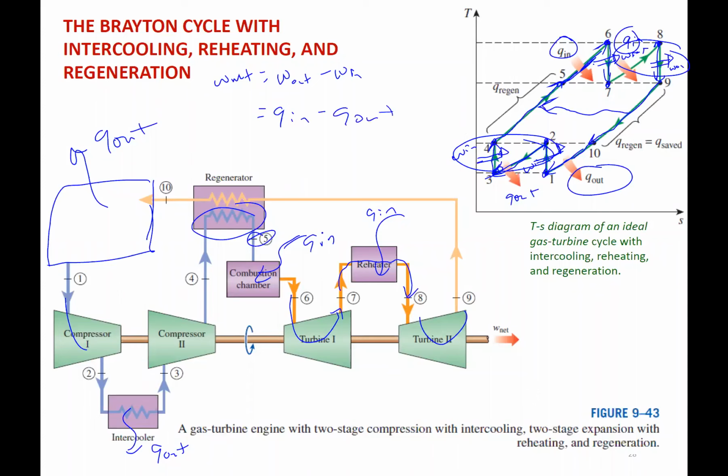For Q in, we have a heat input here and here. And for heat out, we have a rejection of heat here in the intercooler and a rejection of heat here when we go from state 10 to 1. That's a heat rejection. So we just have to work our way through the individual components, and we can march our way through this cycle.